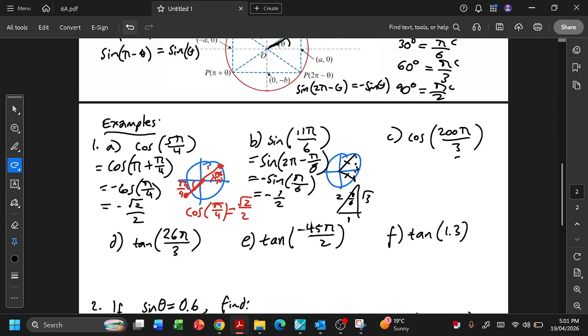So if we were to try and divide 200 by 3, 3 goes into 2 0 times, 3 goes into 20 6 times with 2 remainder, and then 3 goes into 20 6 times with 2 remainder again, so therefore the remainder is going to be 2.